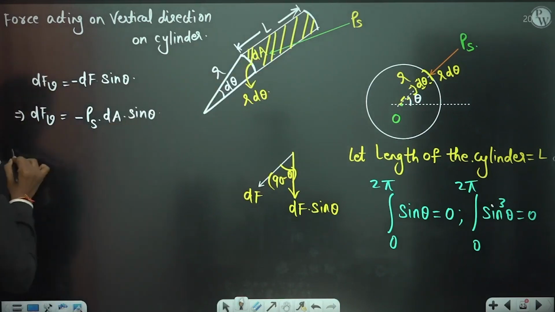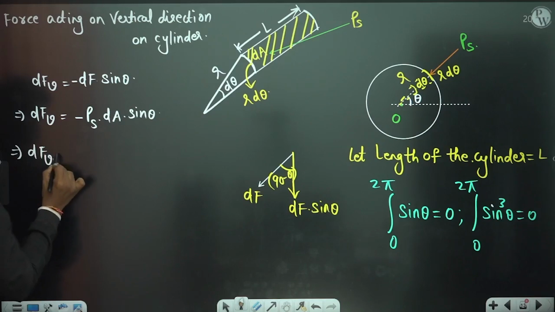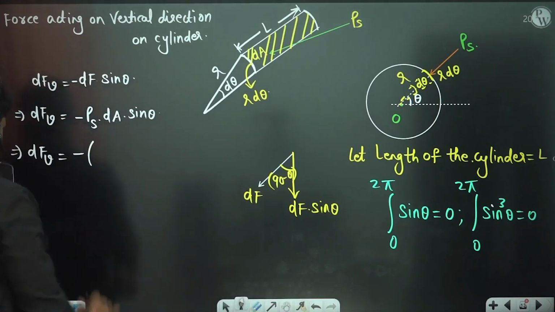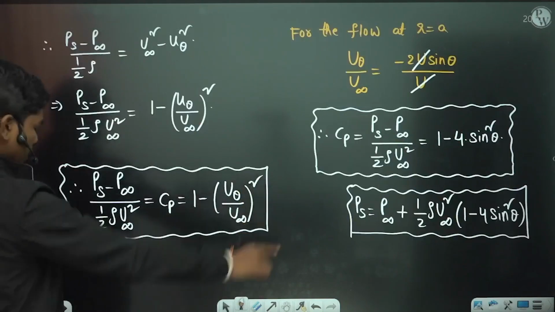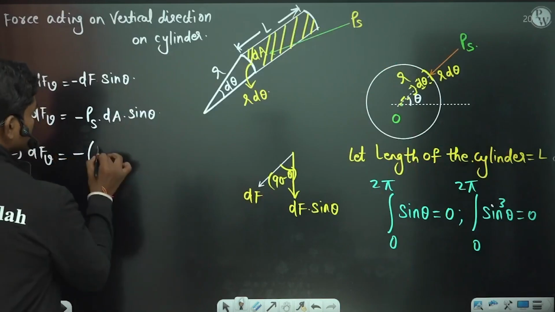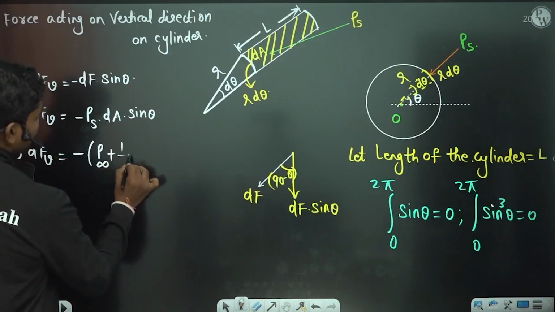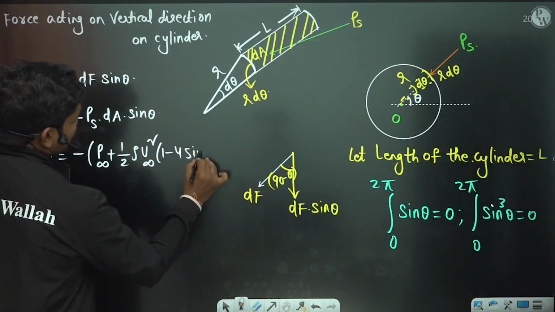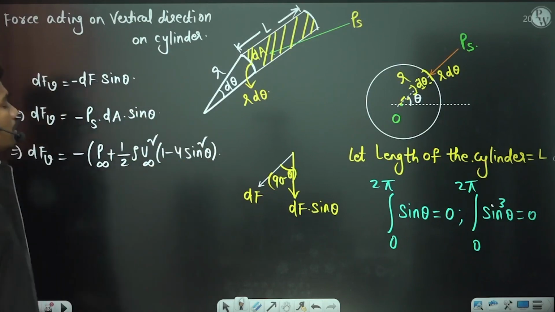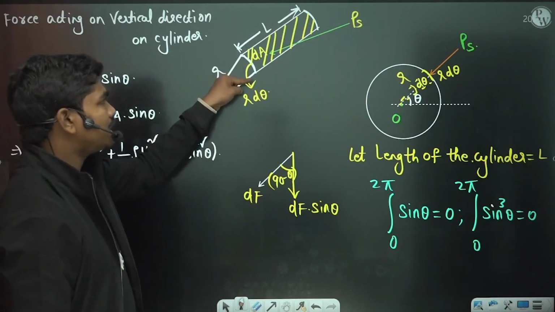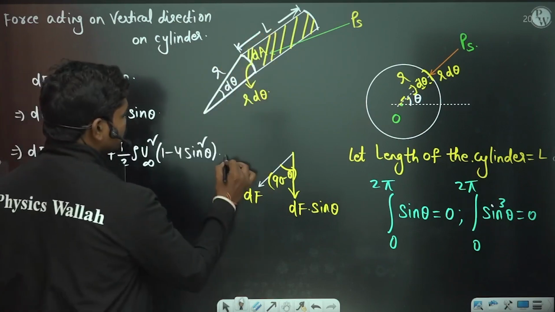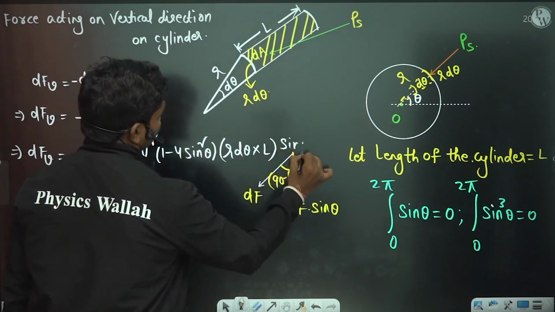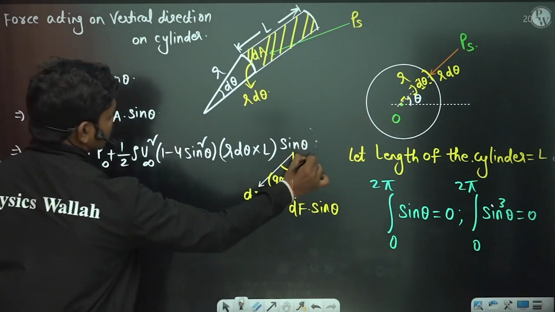So what is this value? dFV is equal to minus PS, where PS is P infinity plus half rho u square into 1 minus 4 sine square theta, into dA. So what is dA? R d theta into L. So R d theta into L into sine theta into sine theta. So this is the expression for the small elemental force.